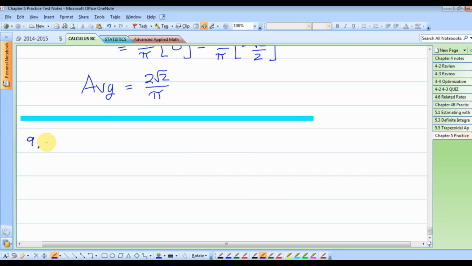Again, there are no quotient rules in integral calculus. There's probably a trick. What's the trick for this one? Split it up.